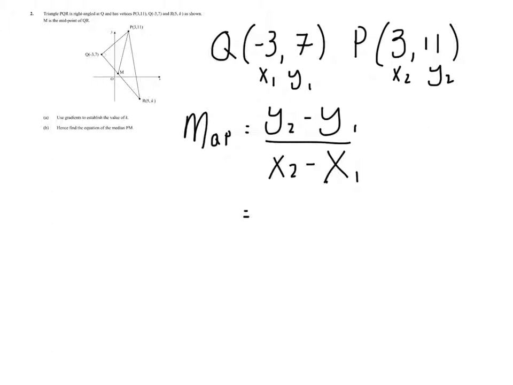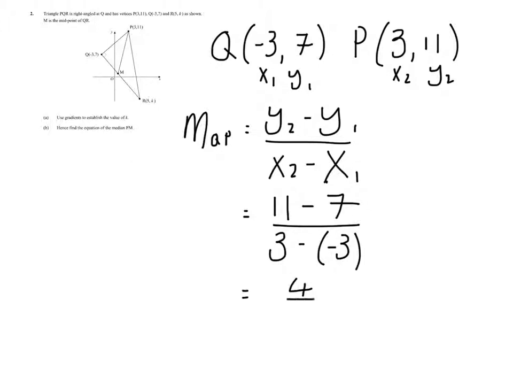Substituting in our values, that gives us 11 take away 7 over 3 take away negative 3, which gives us 4 over 6, which then simplifies to 2 over 3.